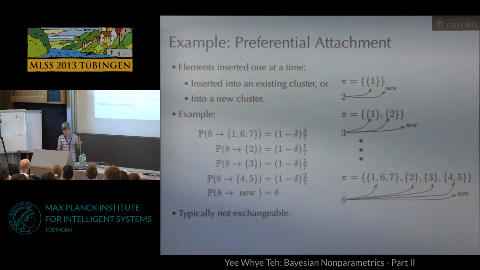That's nice, but it is not an exchangeable model. You're making an assumption that the elements are entering into the network or into the clustering over time, and the elements that enter first have a larger effect in some way than elements that enter later. So that's not an assumption of exchangeability.